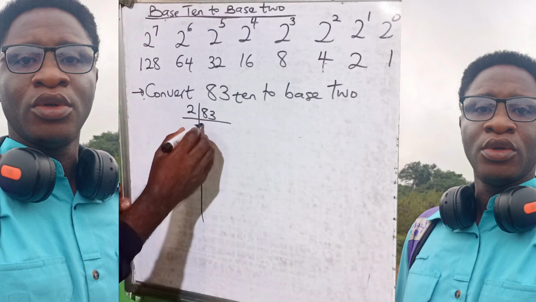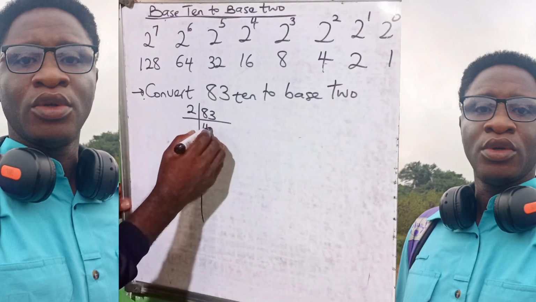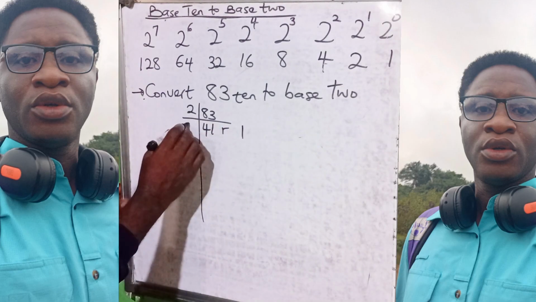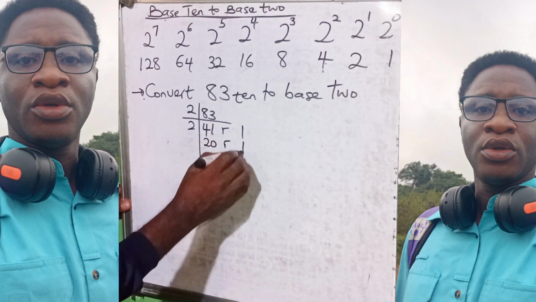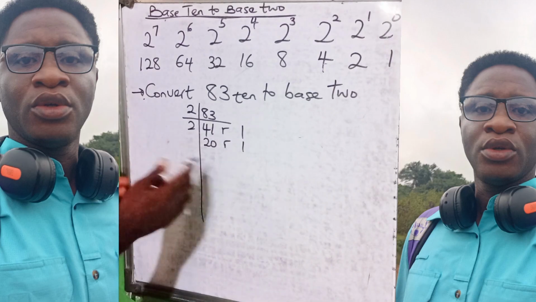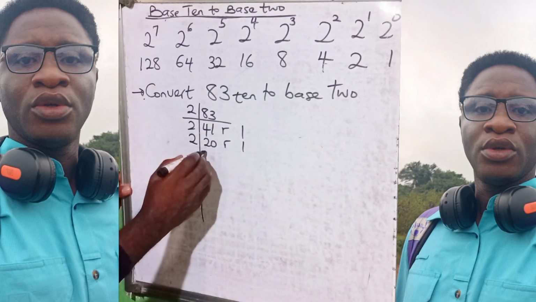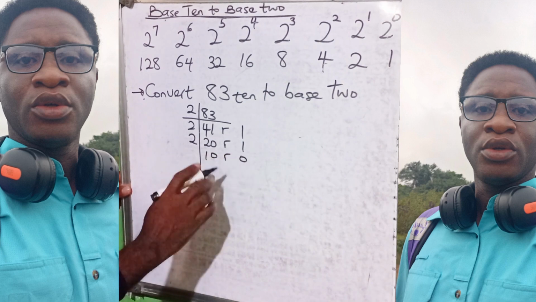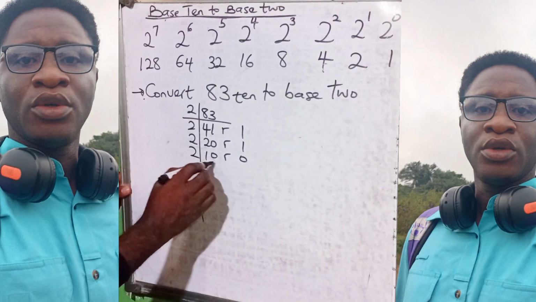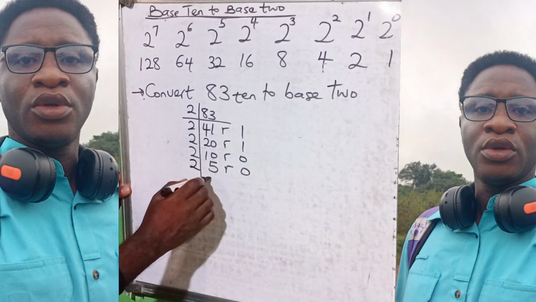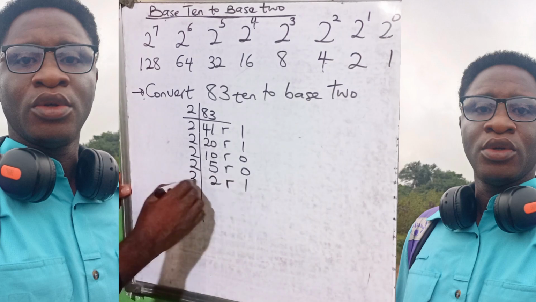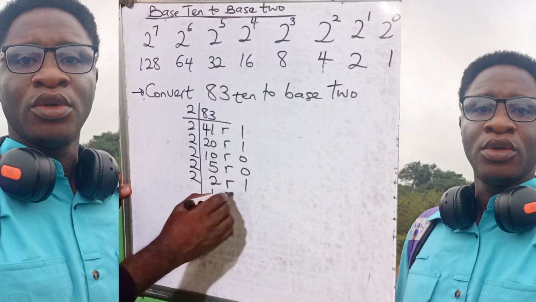How many 2s do we see in 8? We have 4. 2 in 3, it is 1 remainder 1. So 2 in 41, it is 20 remainder 1. 2 in 20, we have 10 remainder nothing. Nothing is 0. 2 in 10, we have 5, remainder nothing. 2 in 5, we have 2 remainder 1. 2 in 2, we have 1 remainder 0.